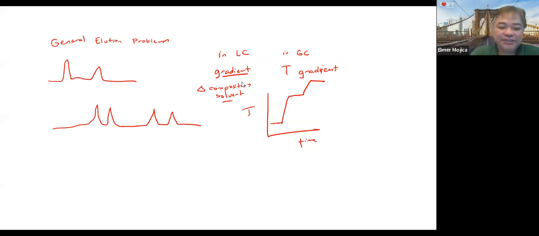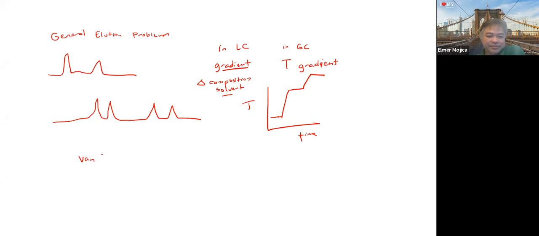Now, specifically, ano siya sa Van Deemter plot? Van Deemter plot or equation. Siya yun, B. So how do we write the Van Deemter equation? Anyone?